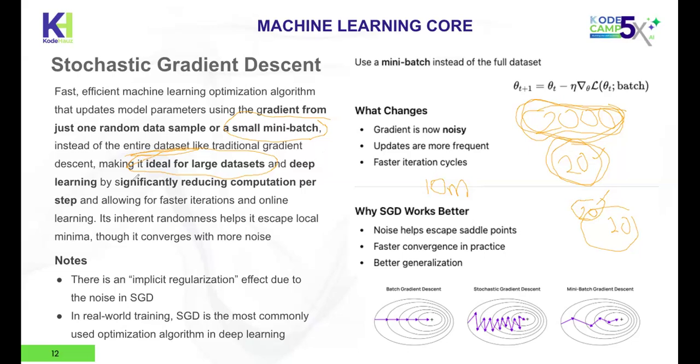This actually helps because it significantly reduces computation per step. In each step, imagine if I had to compute the loss of 10 million rows versus the loss of 1,000 rows. That is a huge difference.